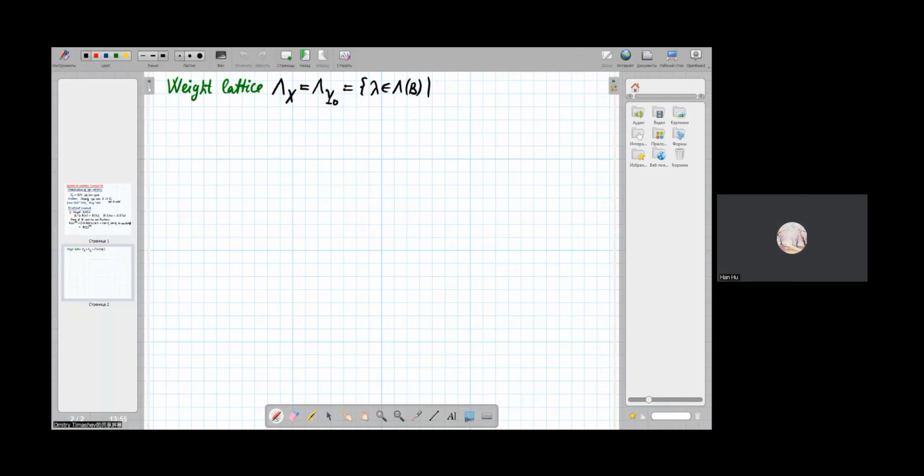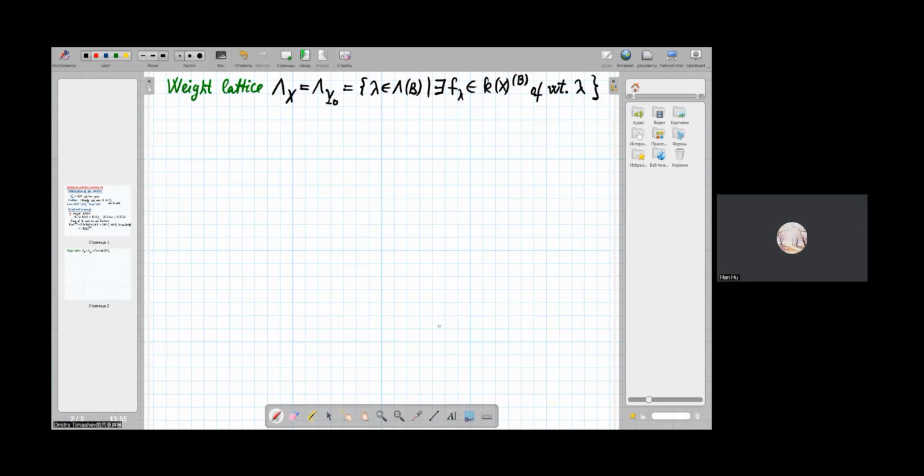So such lambda such that there exists a semi-invariant function, say f sub lambda, of weight lambda. This weight lattice is a subgroup or sublattice, if you like, in the character lattice of B.